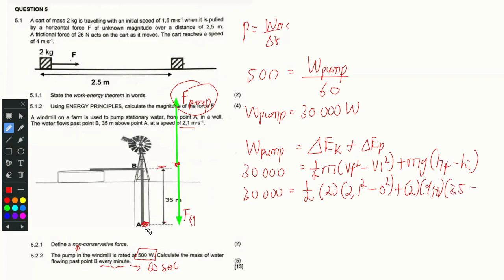The height initially, it's still on ground level or underground level. Then 35 minus 0. So, okay, now we have 30,000 here. And then this is 1 over 2, 2 here, bracket 2.1 square minus 0 square. Close the bracket. So this is 4.41.